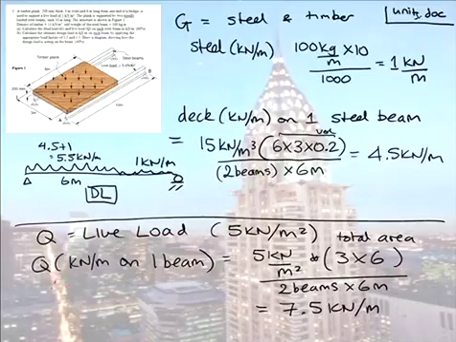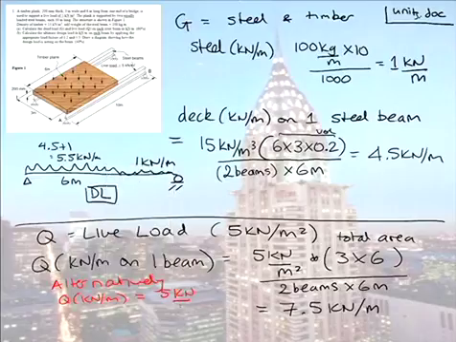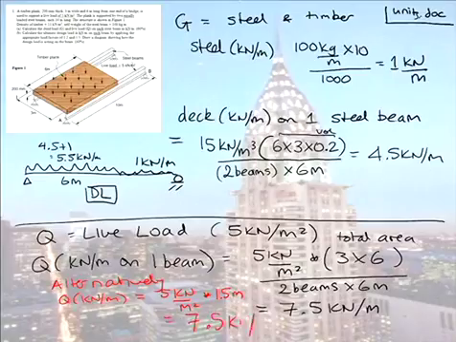Now, alternatively, what did we say? The live load in kilonewton per metre is just our 5 kPa multiplied by the width over which it acts. So what is the width over which it acts on one beam? 1.5 metres plus 1.5 metres, which gives us 7.5 kilonewtons per metre.